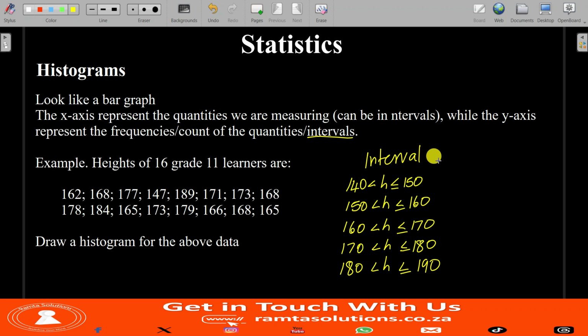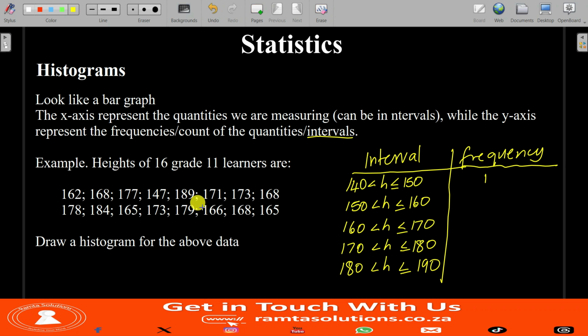All right. So what we can do now is look at the frequency. Remember, frequency or count. How many heights are greater than 140 but less or equal to 150? I only see one here, so it is one.